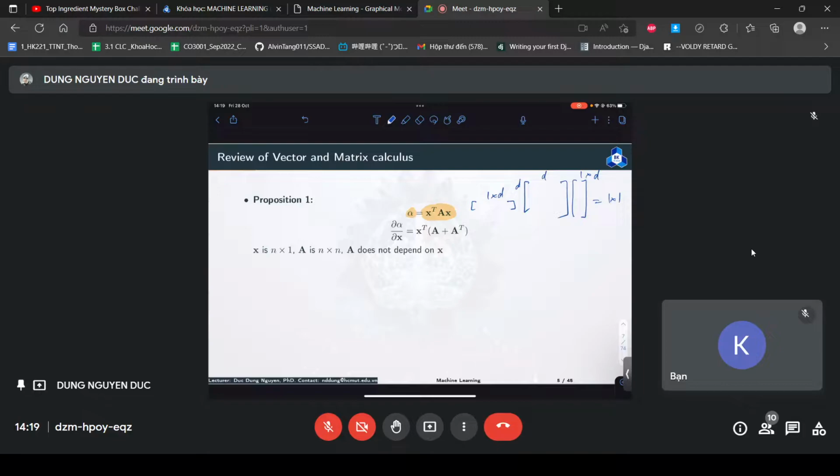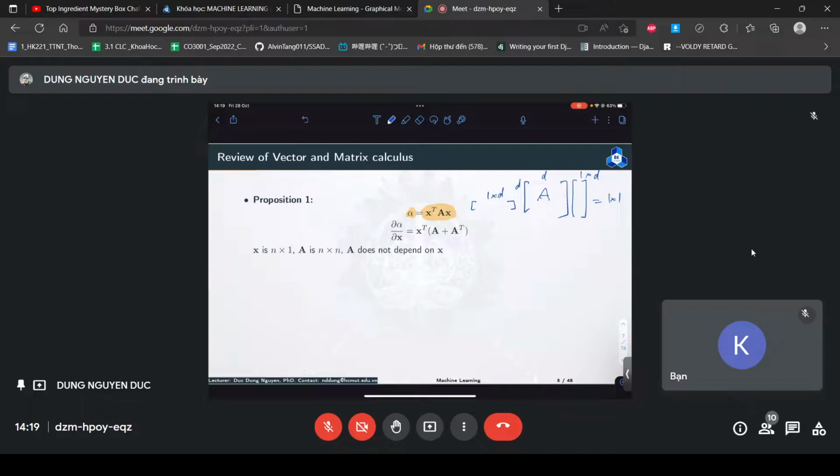Taking the derivative of this scalar with respect to the vector x gives you x transpose multiplied with A plus the transpose of A. It's not hard to prove this one; you can compute it easily.